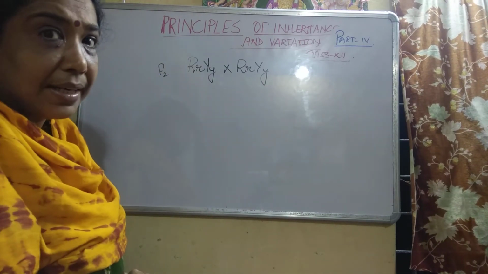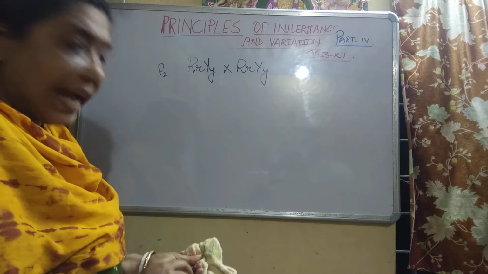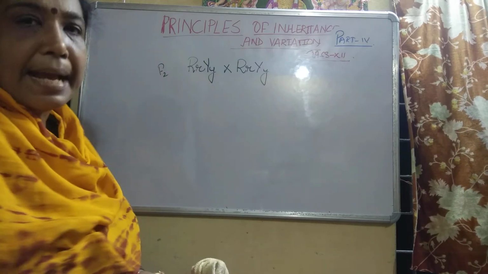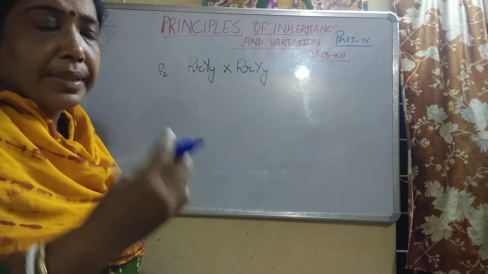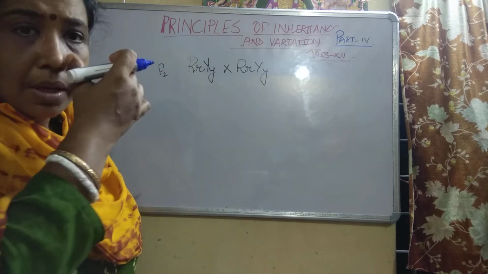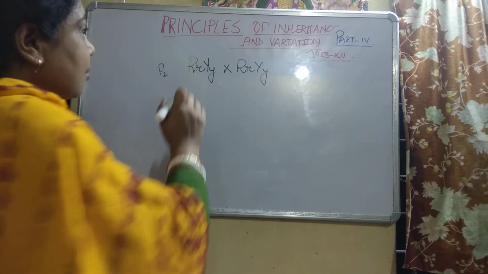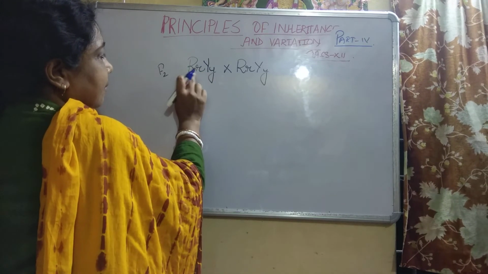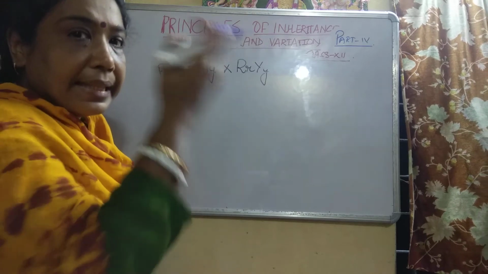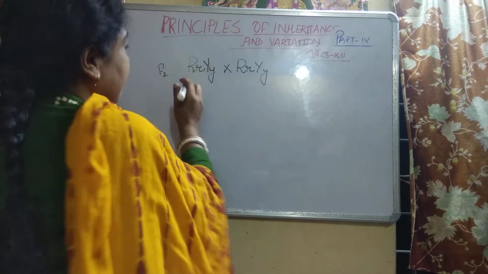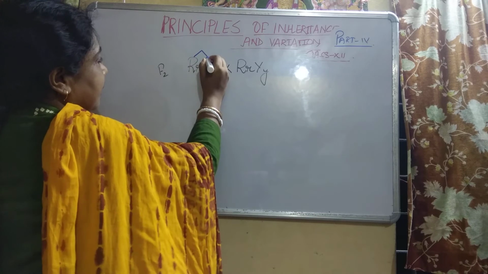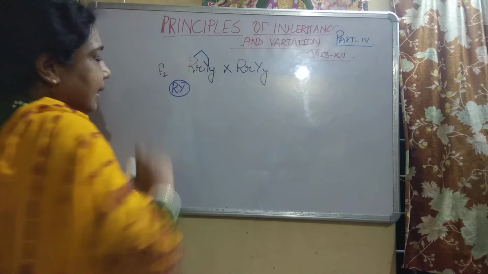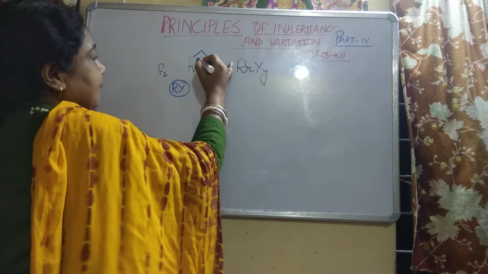Now again children, there is something you have to learn now: the possibilities of the different alleles which the gamete would contain. The gamete should contain one allelic form from one trait and the other allelic form from the other trait. One possibility is one bigger R and one bigger Y. What is the other possibility?